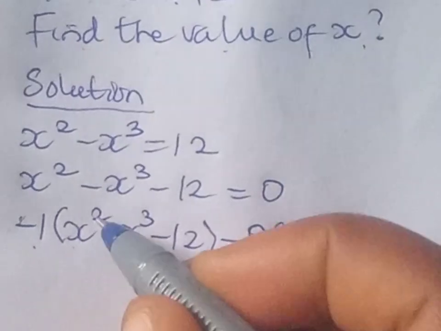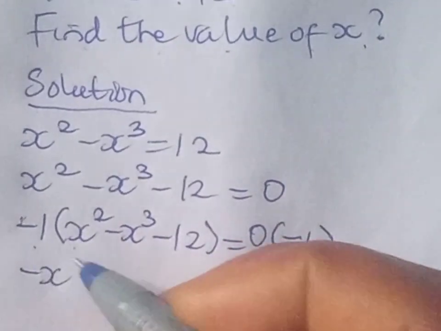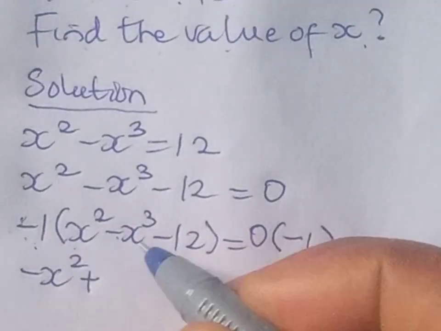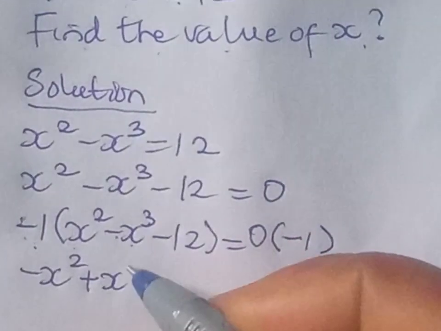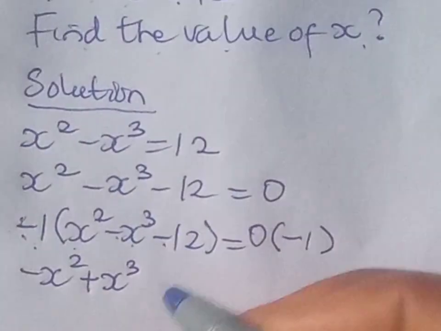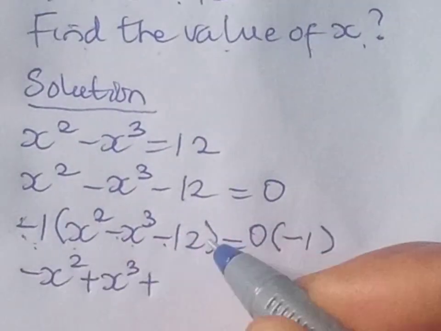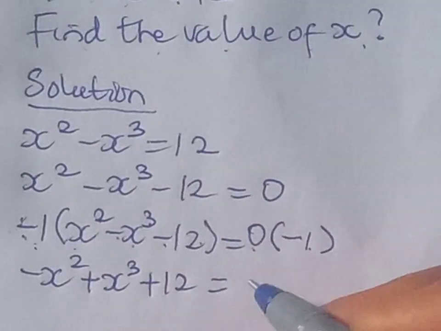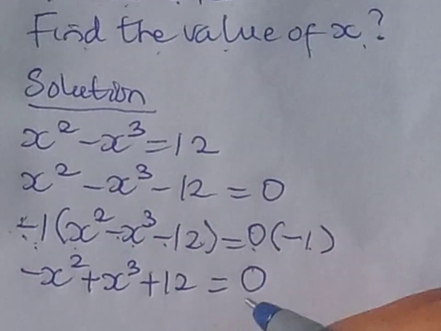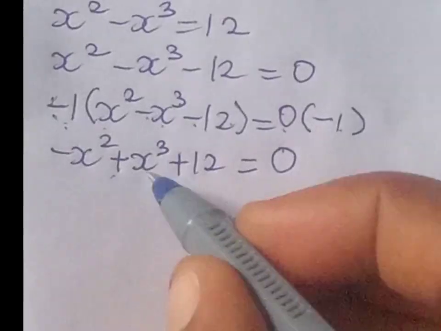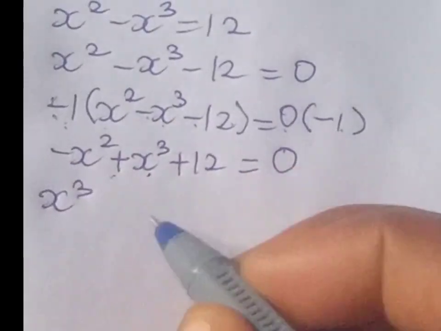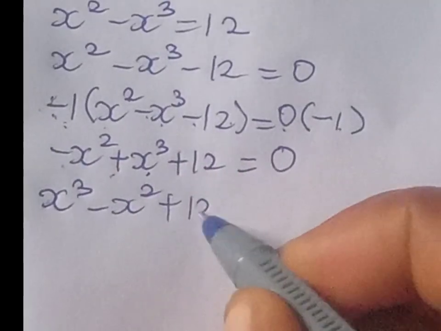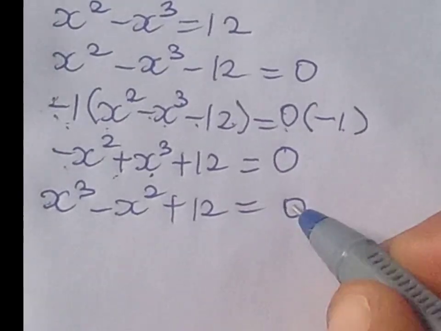Minus 1 times x squared will give us minus x squared. Minus times minus plus 1 times x cubed, minus times minus plus 1 times 12 equals 0 times minus 1 will give us 0. Let's rearrange. So we have x cubed minus x squared plus 12 equals 0.